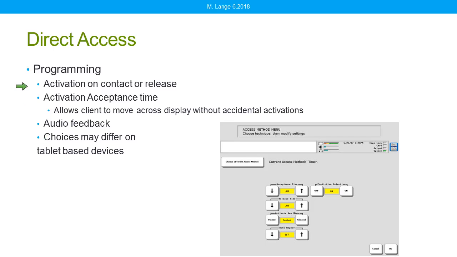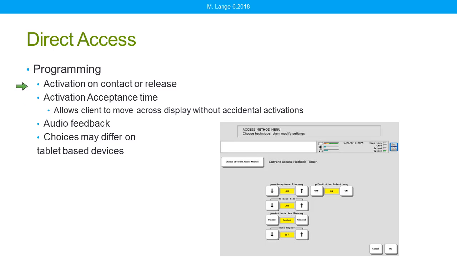I've just spoken my selection. On release, I have to let go of that selection before it speaks. Why would we do that? Well, some clients might need to stabilize against the device, slide their hand across the display in order to get to a location, and then release.